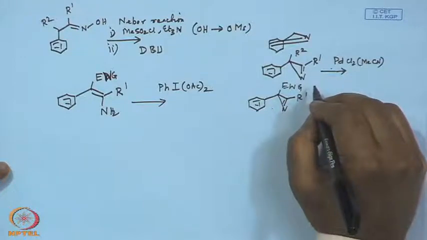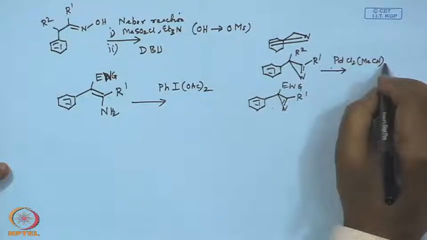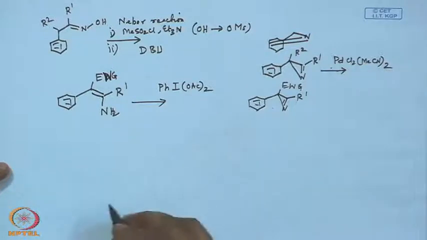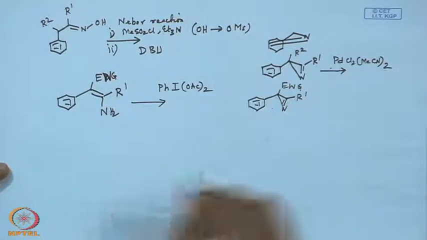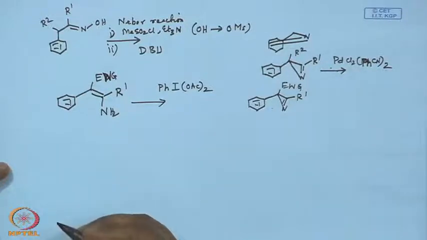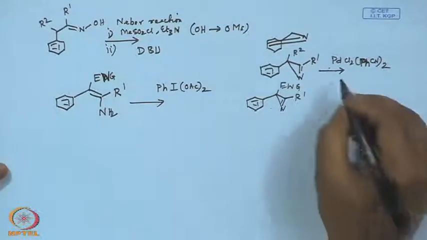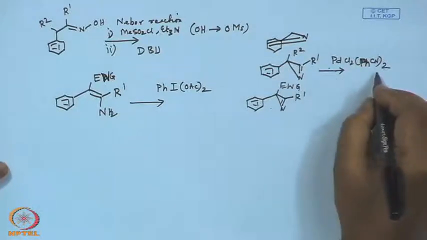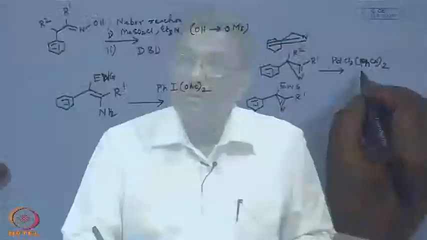Those who are working with palladium complexes will see it is a very stable complex with 2 acetonitrile, well sorry, in this case it is benzonitrile. It forms a nice complex, and this complex is pretty soluble also in organic solvents. So, with this complex you can decompose this azidine directly to the indole.